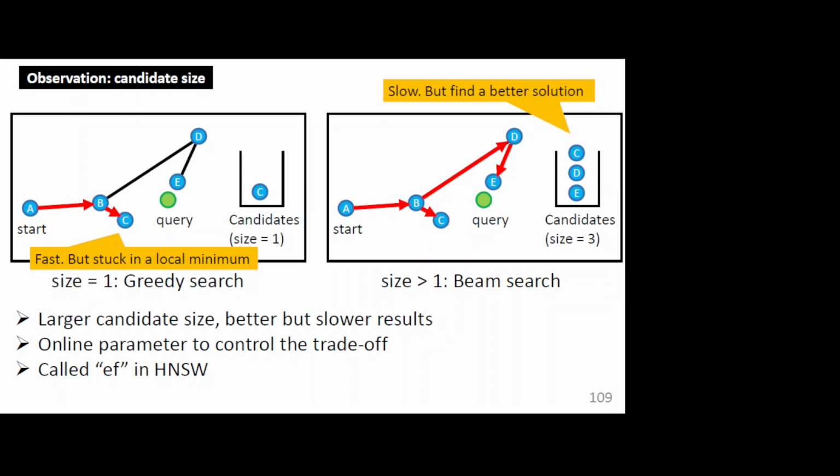But greedy search will always lead you to a local optimum, a local minimum. If we can keep more candidates, it's called a beam search. Beam is like you have a range. You will not just go through one direction. You will go many directions, like a beam. So you can keep more candidates, and although it will take more time, your accuracy can be improved a lot.